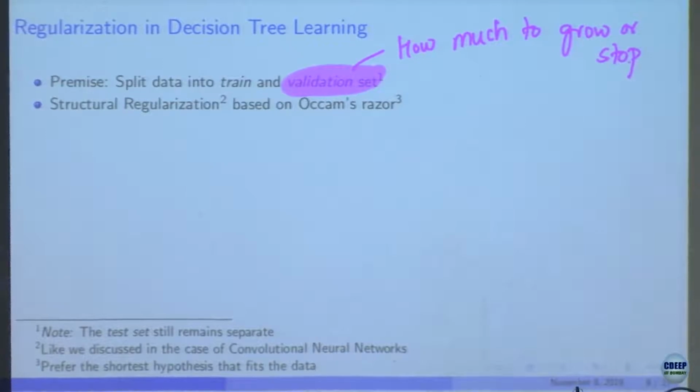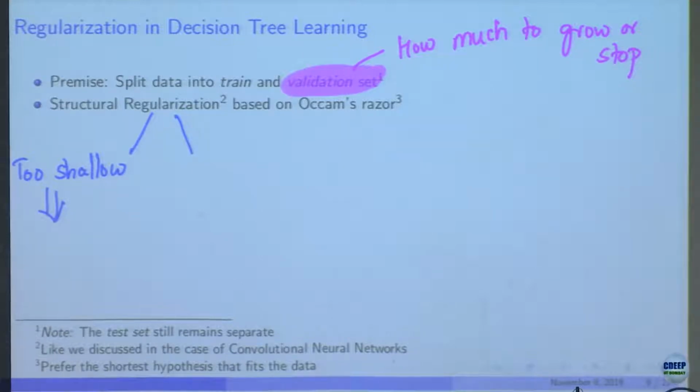Right, and the structural regularization is based on the following observations. So it's a structure, right? It's about when attribute to be grown or not. So the following observation: if they are too shallow, that would imply high bias.